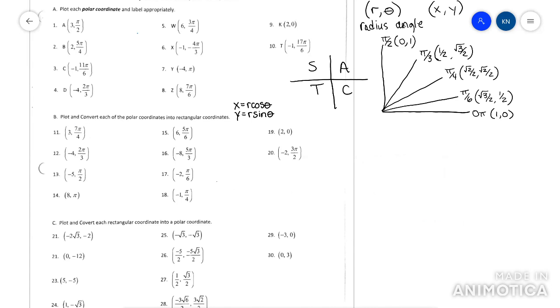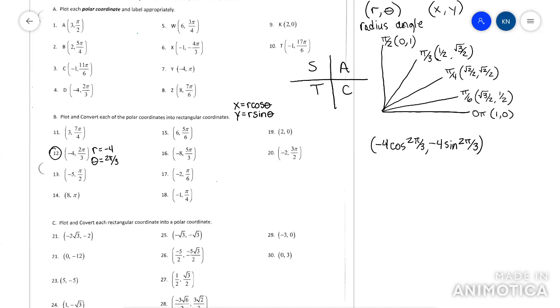Look at like number 12. Okay. Your r is negative 4 and your theta is 2 pi over 3. So converting this, it would be r cosine theta, r sine theta, like this.